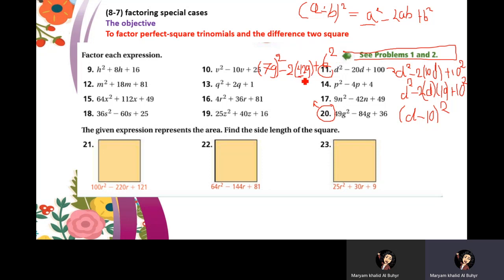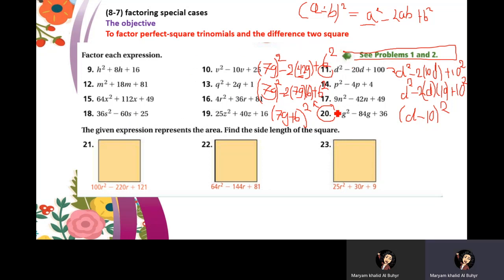Now, you can easily factor 42 into 6 times 7. So you can say 7g, all this to the power 2, minus 2 times 7g times 6. I just change the order. Plus 6 to the power 2. Now you can see exactly the same as this rule. So you will say, okay, Miss, it is 7g plus 6, all this to the power 2.